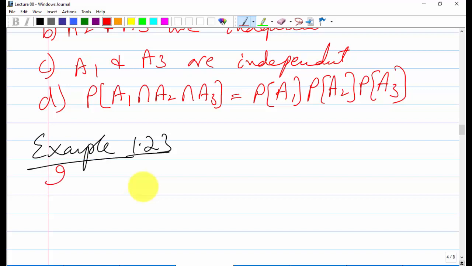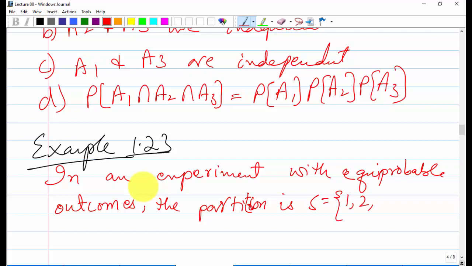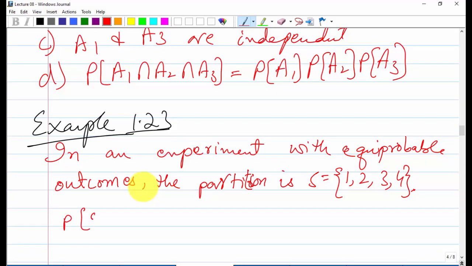It says that in an experiment with equiprobable outcomes, the partition is S equal to 1, 2, 3, 4, and the probability of each outcome is 1/4 for all s that belongs to S.